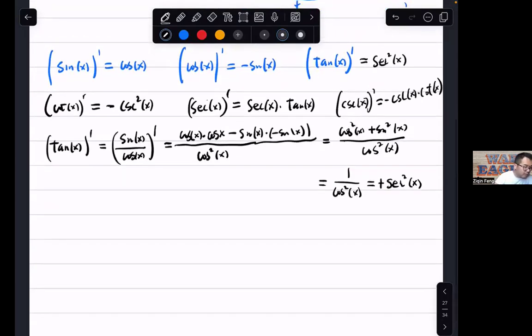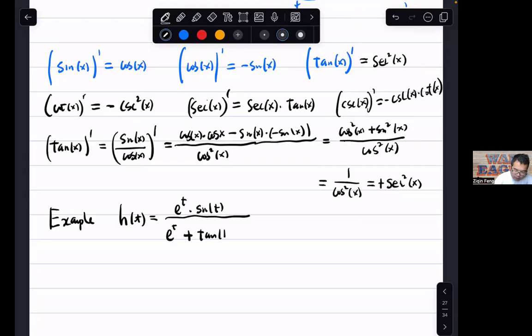Okay, now let's see an example. Let's try to differentiate a function with trig functions involved. This is h of t equals e to t times sine of t over e to t plus tangent of t.